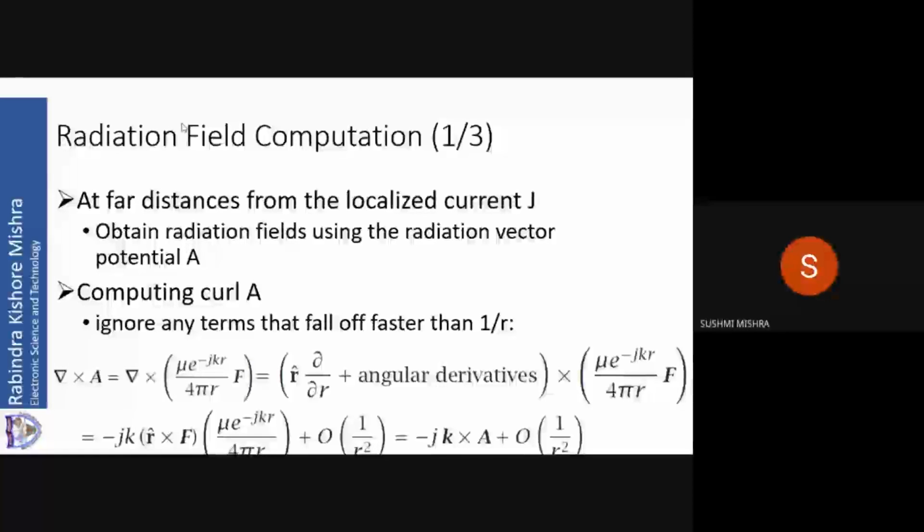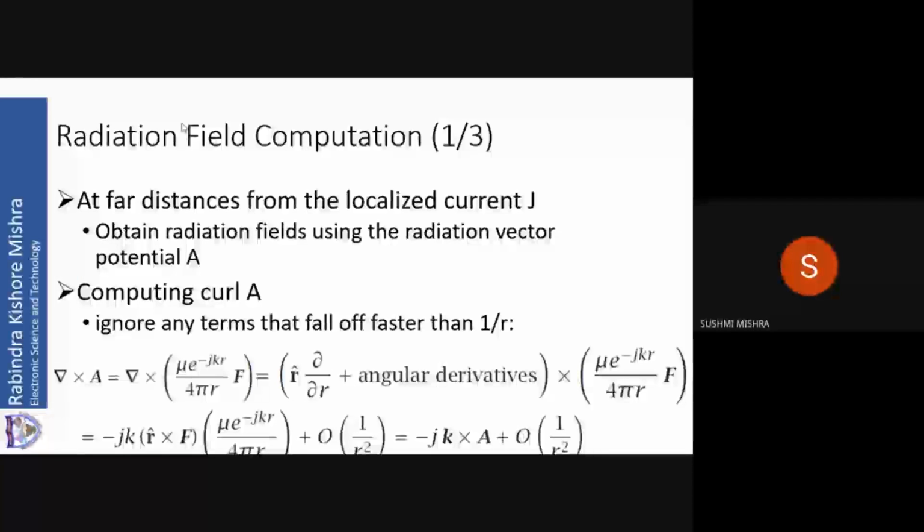You can easily see dou by dou r is an operator. So I have operated it on mu e to the power minus jkr by 4 pi r, and the cross product is r cap cross F, so r cap cross F remains there.